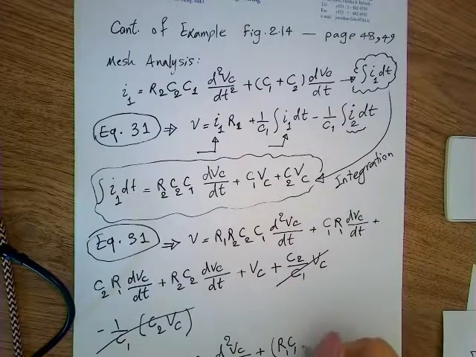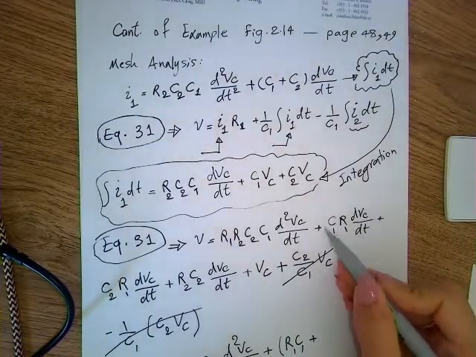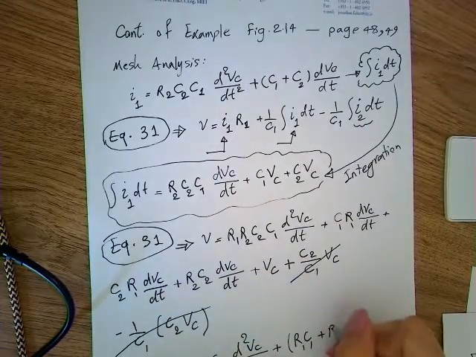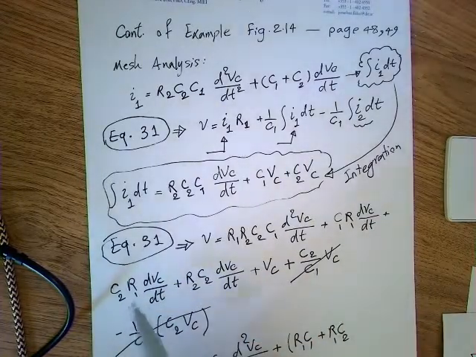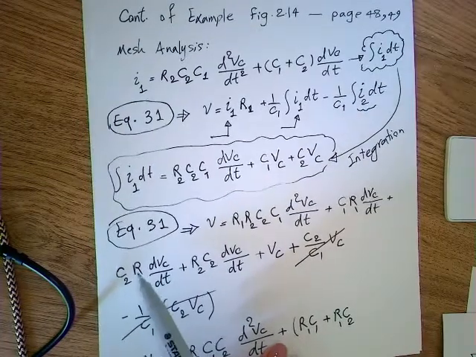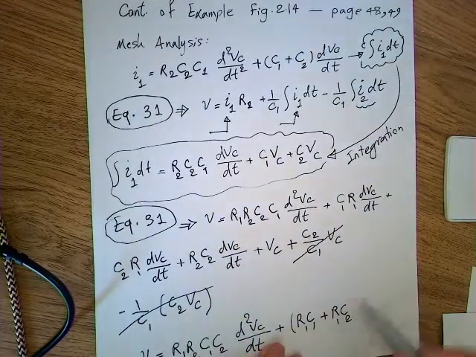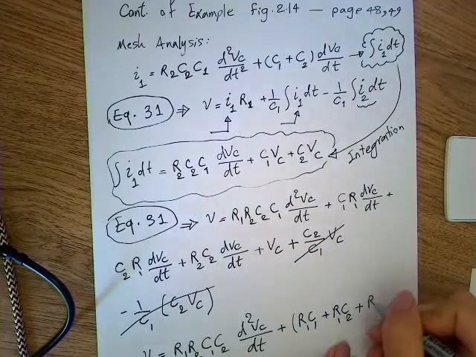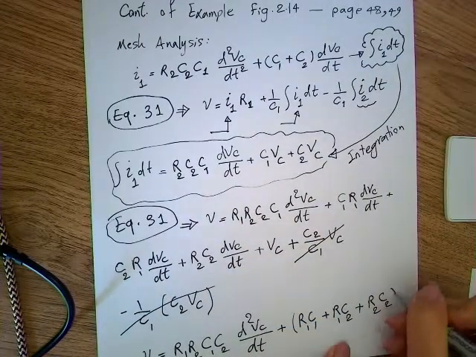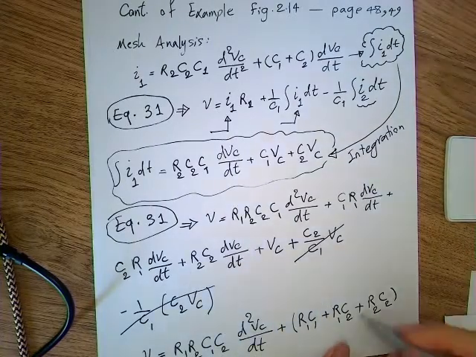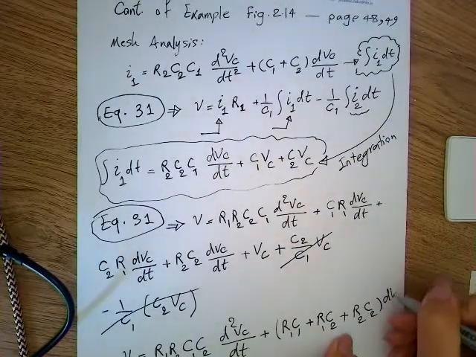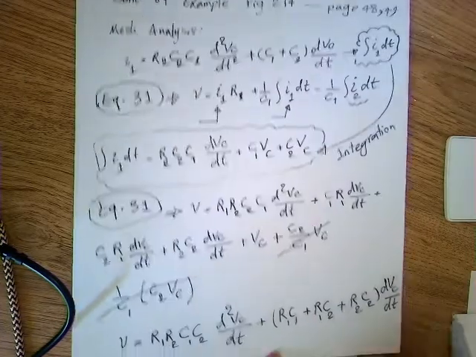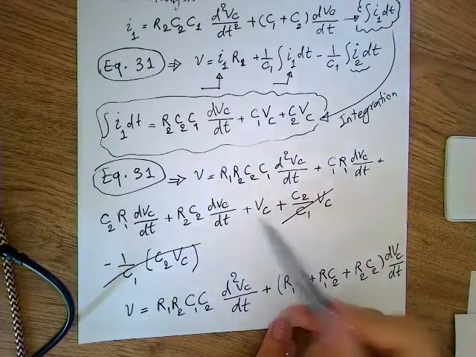It's R1 C1 that comes out of that, and then R1 C2 comes out of that when I'm factoring out the first derivative, and then I have R2 C2 coming out of my third one, and then the whole thing is multiplied in first derivative of VC over time, and then I have only one thing left, and that is VC.